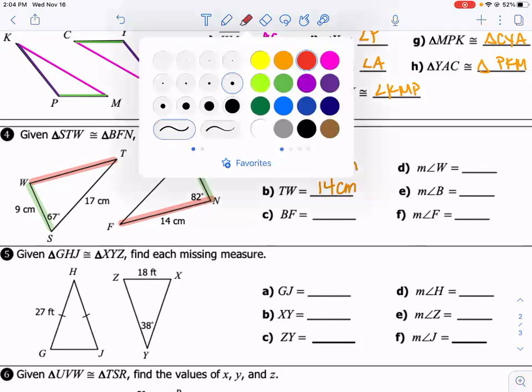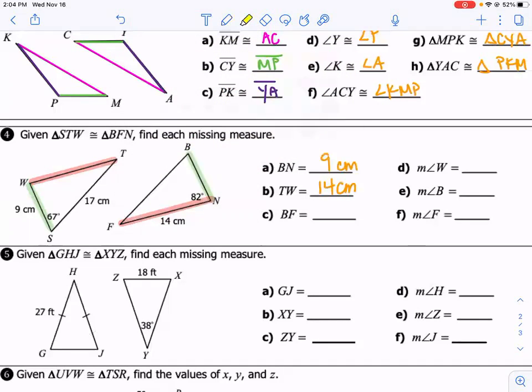Side BF corresponds with what side, Jake? BF corresponds with. Oh, it corresponds with ST. So BF has a measure of 17 centimeters.